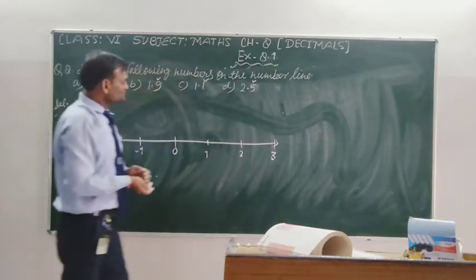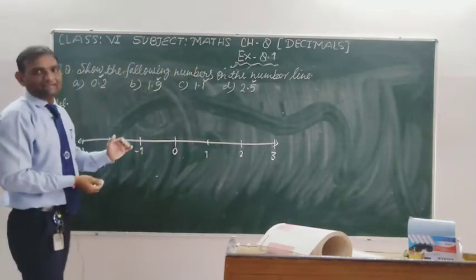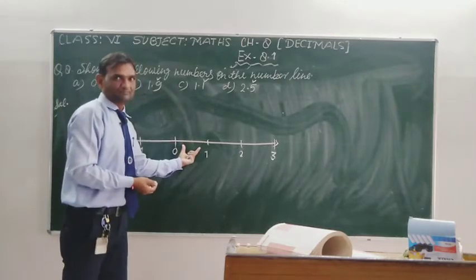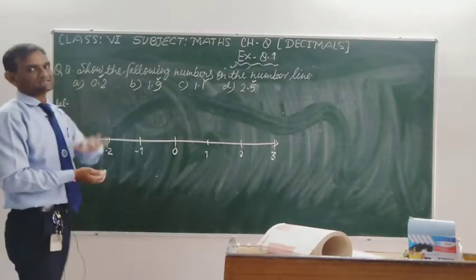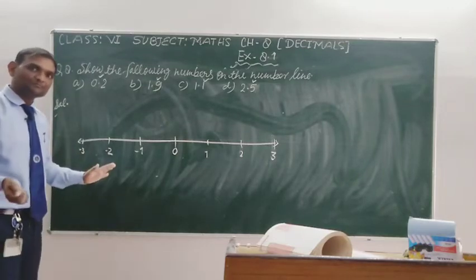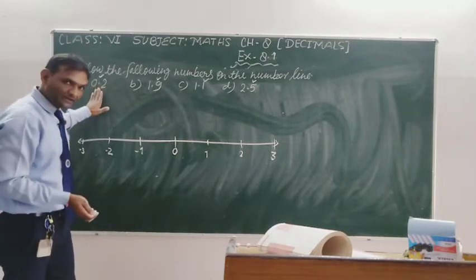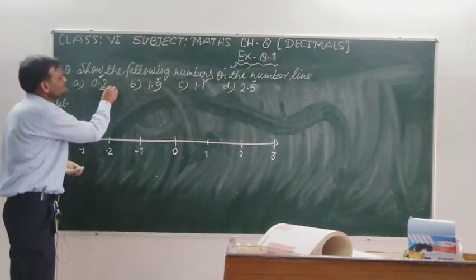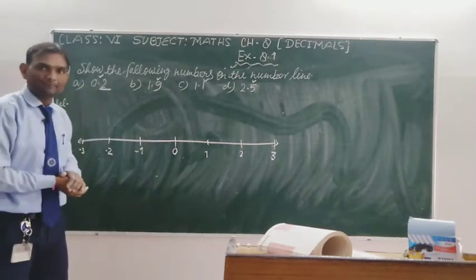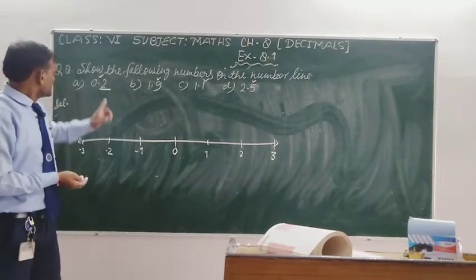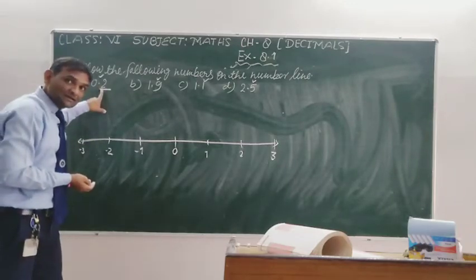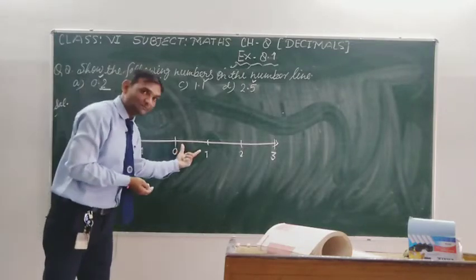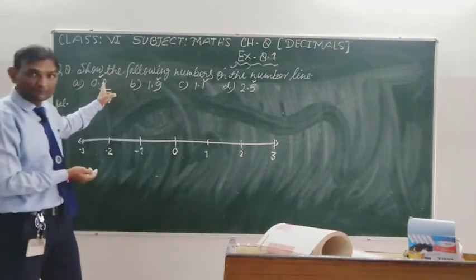So student, we divide the distance between two units equal to 10 parts. Very simple. आप पहले डेसिमल नंबर को चेक करेंगे कि इसका डेसिमल पार्ट कितने प्लेस तक है. If the decimal part belongs to the 10th place, you will divide the distance between two whole numbers into 10 equal parts.